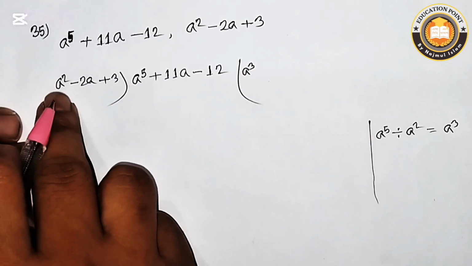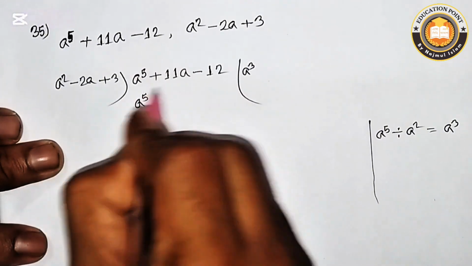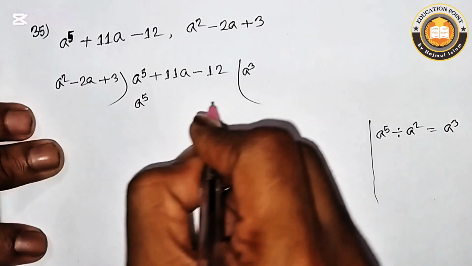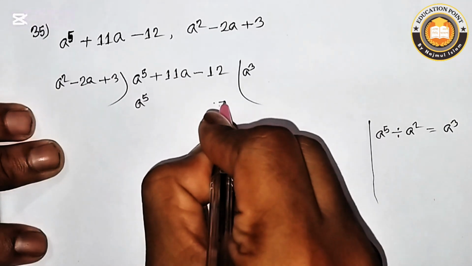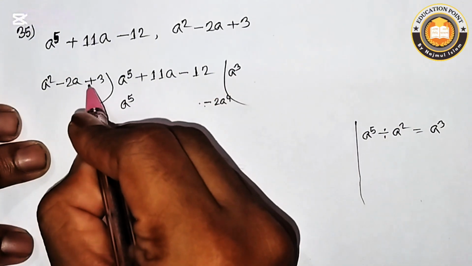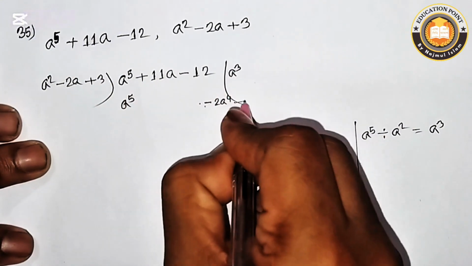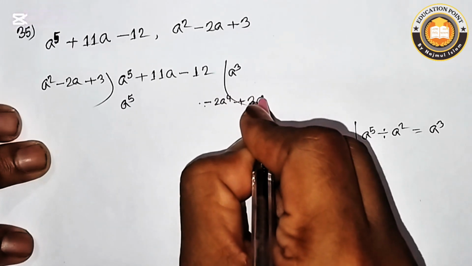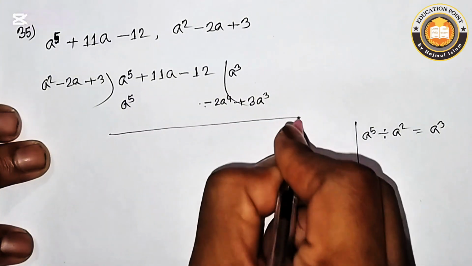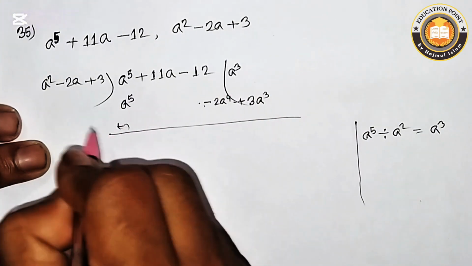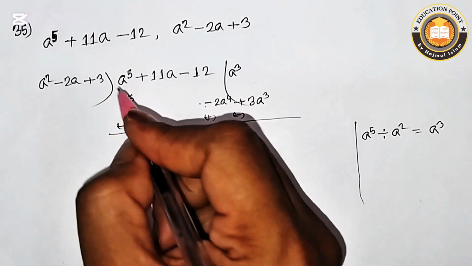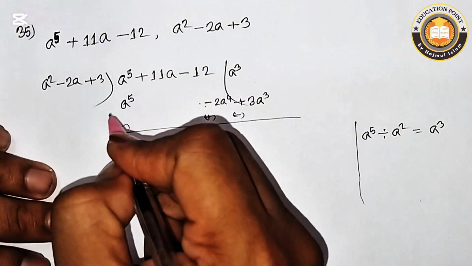A cube multiplied with a square equals a to the power 5. Then a cube multiplied with minus 2a equals minus 2a to the power 4. Then a cube multiplied with plus 3 means plus 3a cube. According to the division law, their sign will be changed. Plus a to the power 5 minus a to the power 5 equals 0.